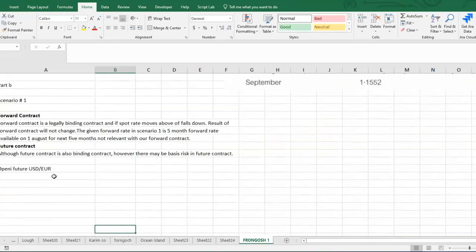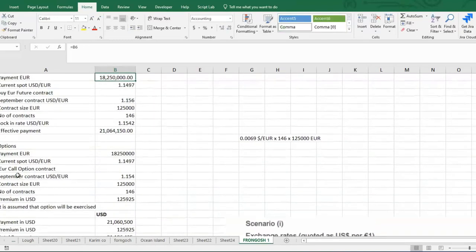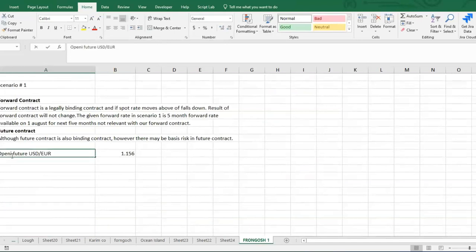And what was the contract? Did we take a buy position or sell position? Buy position. So initially, our position in opening the future contract was a buy position.